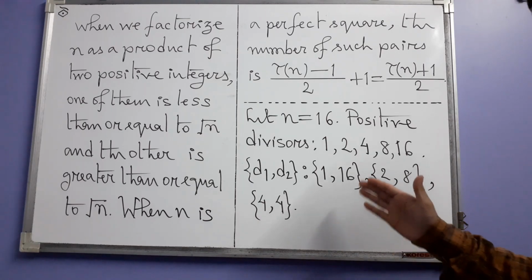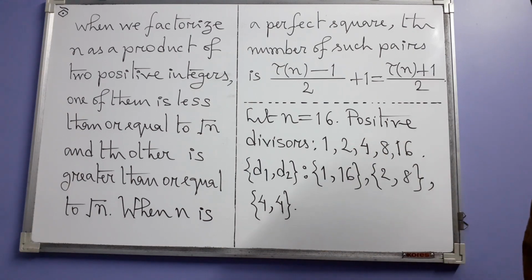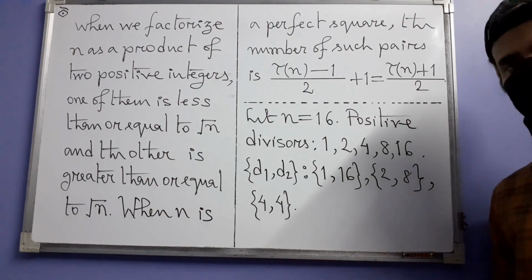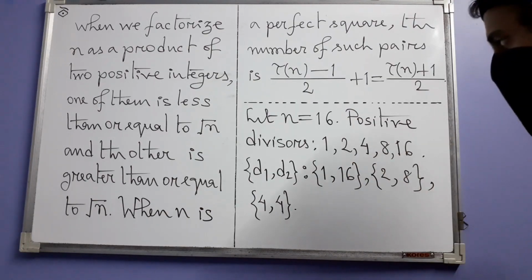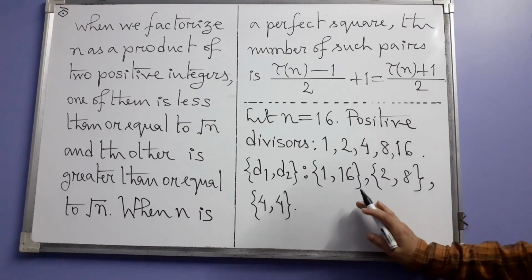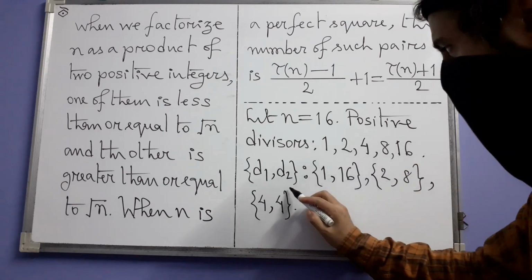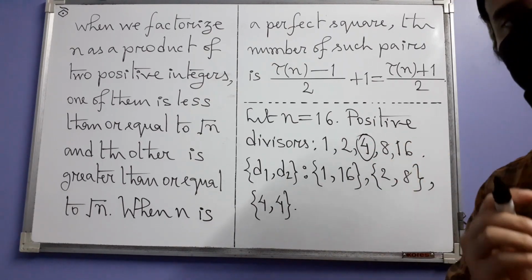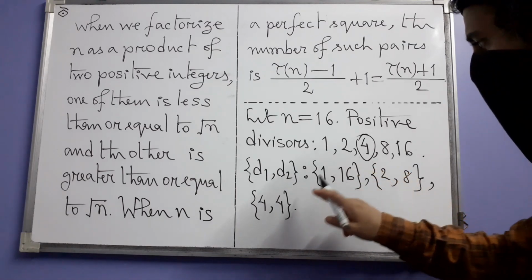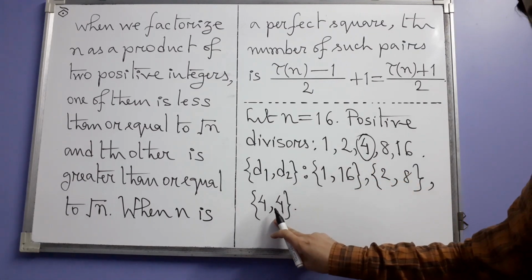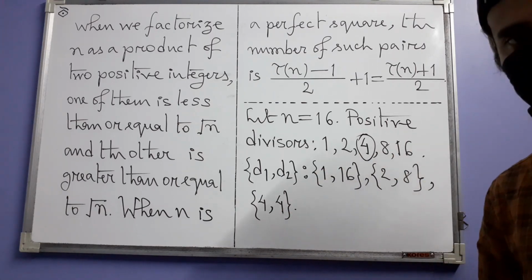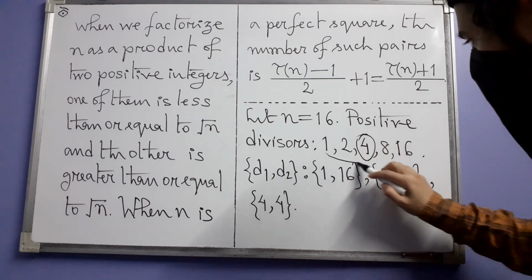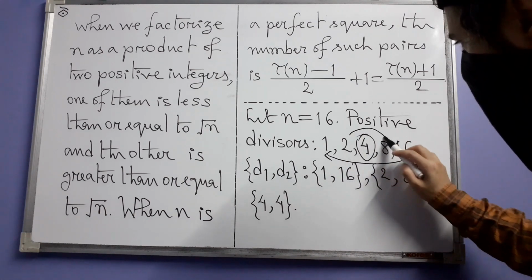Alright, now where does tau of n come into this picture? Tau of n is the number of positive divisors, which in this case is 5. Now, apart from this 4, which is in a sense alone here, it has no one else to pair up with. The others have got partners and together they are producing n: 1 and 16, 2 and 8.